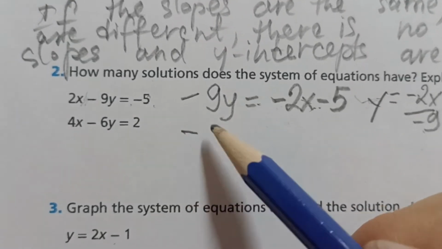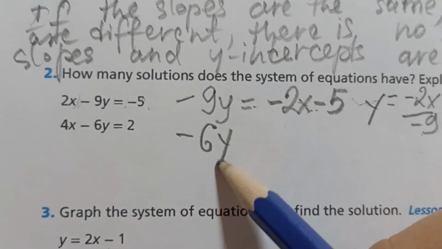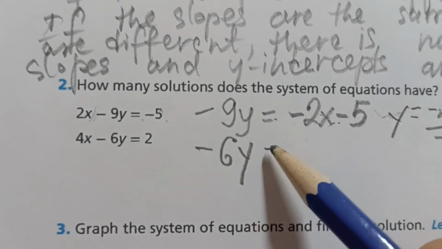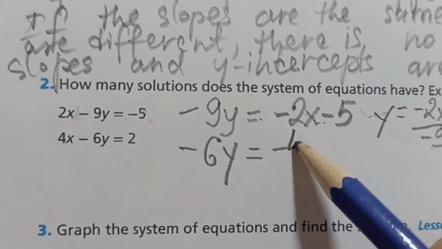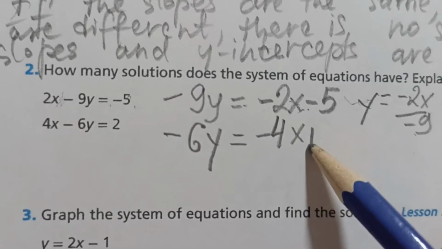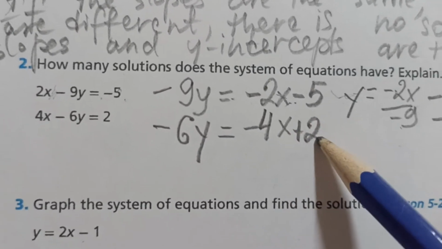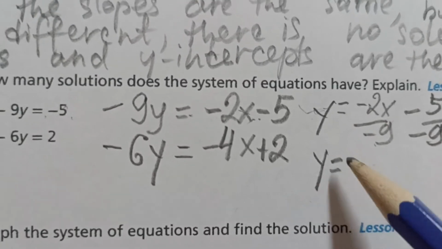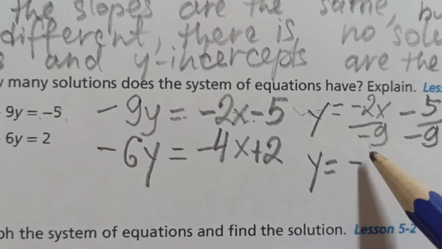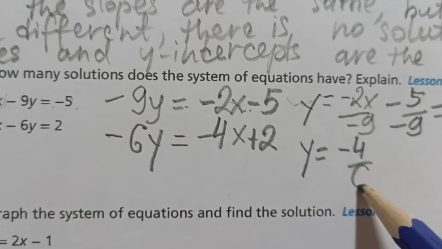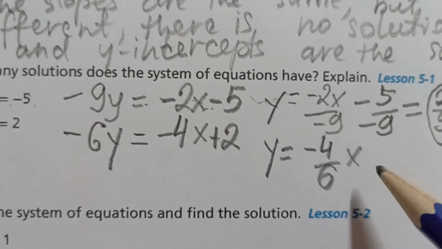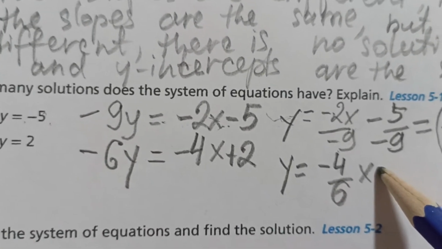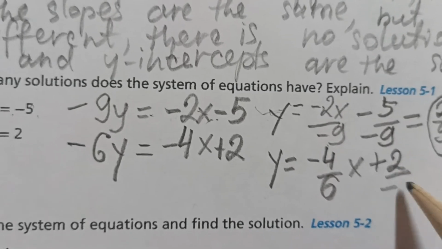Okay, next equation. Minus 6y equals minus 4x plus 2. So from here y equals minus 4 over 6 x plus 2 divided by minus 6.